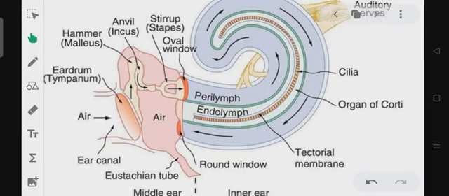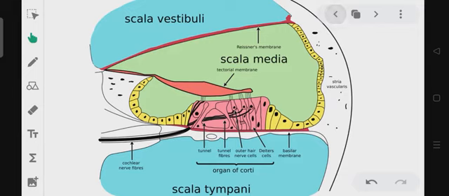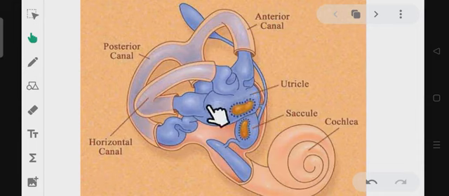Now I just want you to understand that the utricle is the swollen portion of these semicircular canals. When they are fused to an area, this membranous portion forms the utricle, and the swollen portion over here is the saccule. That's the utricle, that's the saccule.